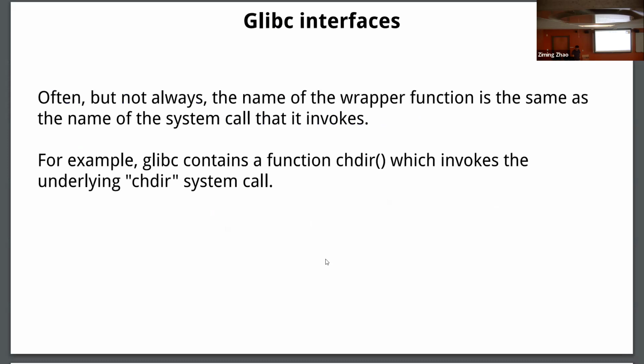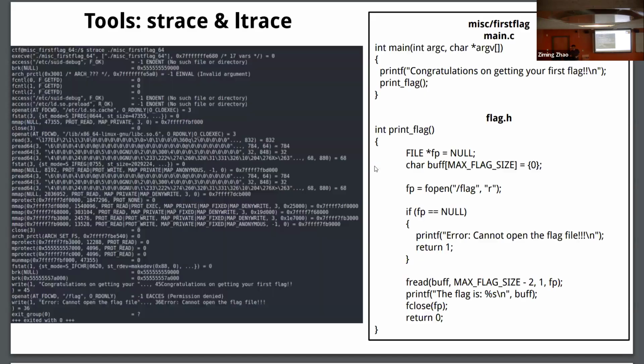Usually, for most of the system calls, libc has a wrapper function with the same name as the system call itself. For example, if you want to change the directory, you would call chdir. Eventually, this C function calls the change directory system call.